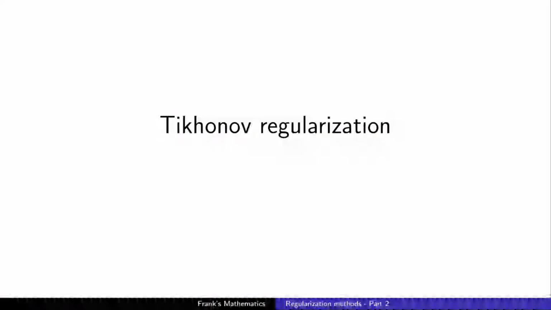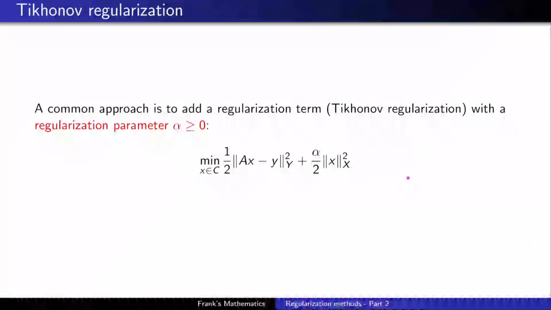Now it's time to introduce the famous Tikhonov regularization, and the idea is to make the problem strictly convex by adding a strictly convex term, namely the norm of x, multiplied with some regularization parameter which is denoted by alpha. And here you can see the linear quadratic term we want to solve, and this is the Tikhonov regularization term.